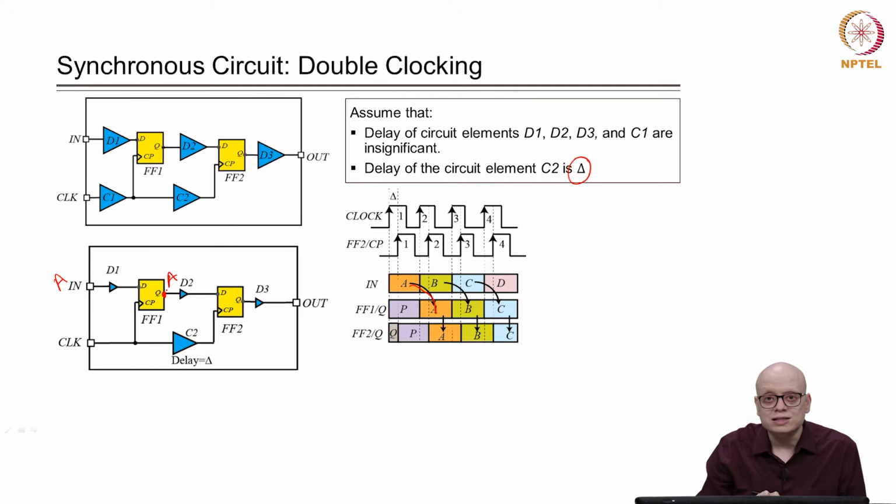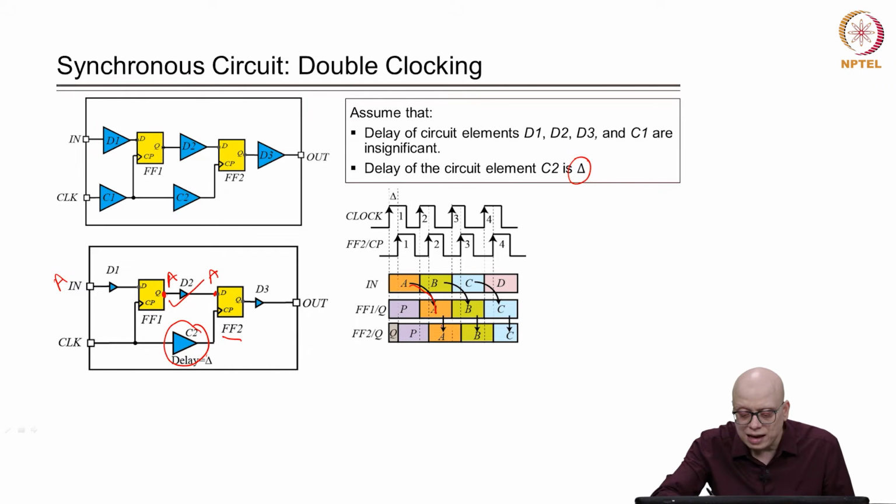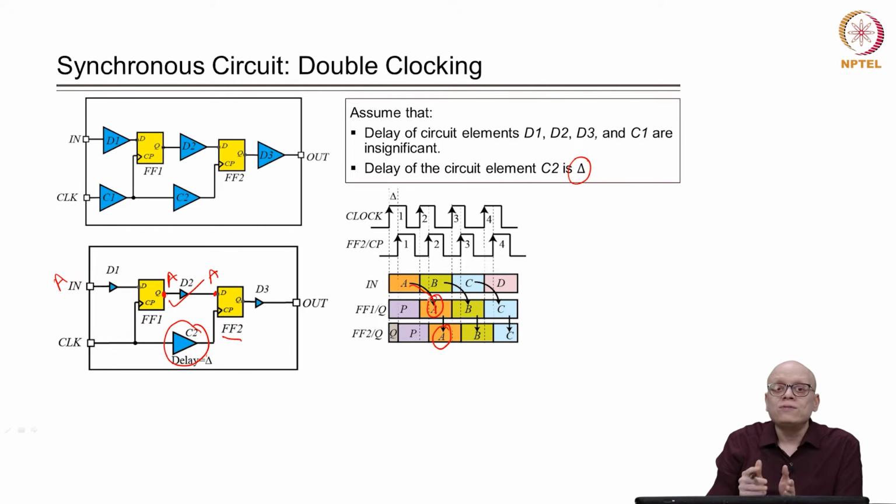But when it reaches this point, the delay from this point through D2 is very small. So, A reaches very quickly to the input of FF2D, and there is a delay on the clock path, and the clock will reach later on. So, what will happen is that in the second clock cycle, we will have the data in two different flip flops.